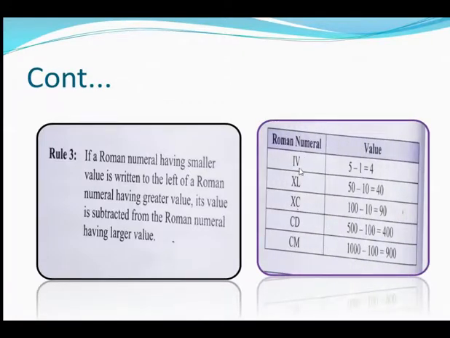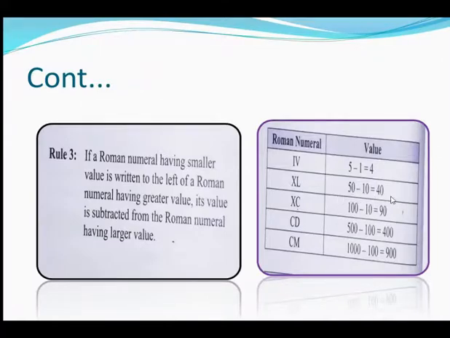For example, V has value 5 and I has value 1, and I has been written on the left side, so value is subtracted. Same way X and L: L has value 50, X has value 10.